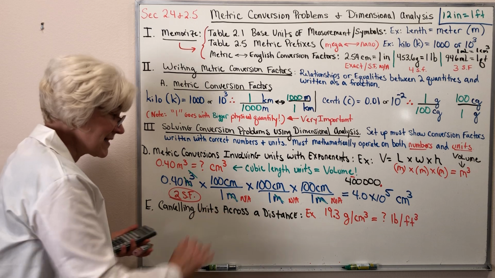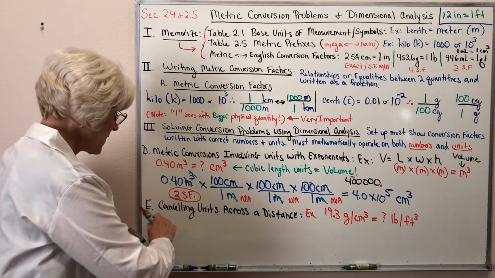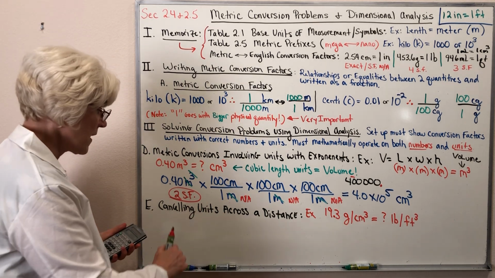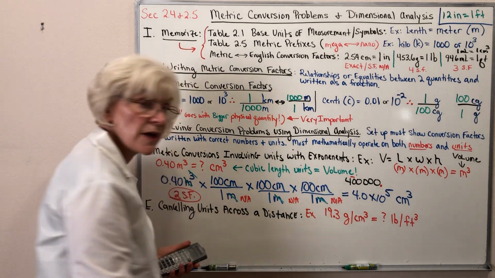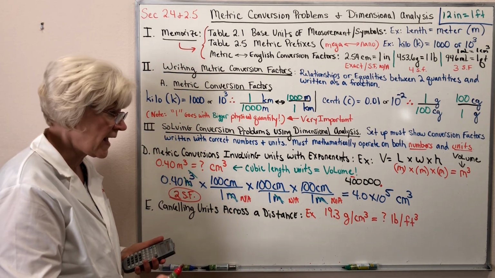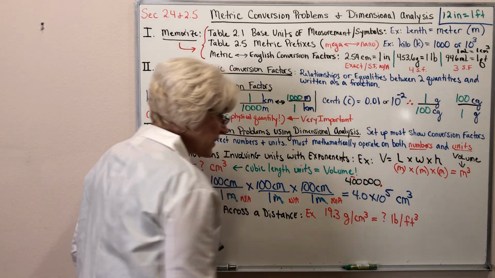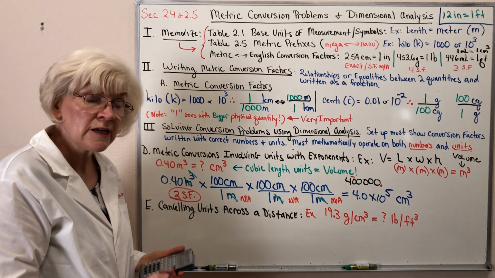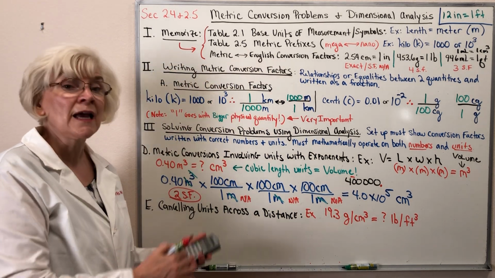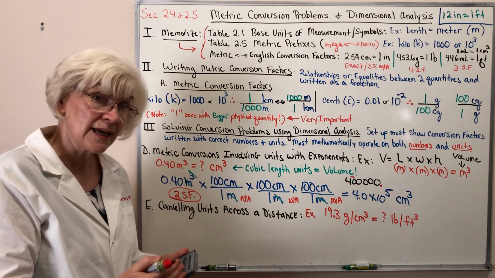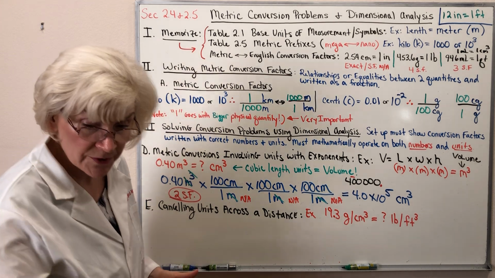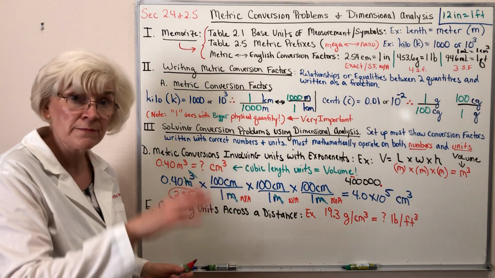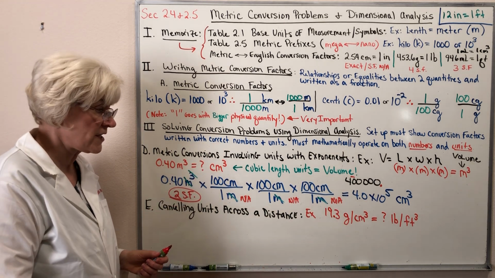Our last example is an example of a conversion problem where we're canceling units across a distance. And the example that I'd like to do for you is an example involving density. And we'll be discussing density later on in this chapter 2 that we are looking at right now on metric system and metric conversions.